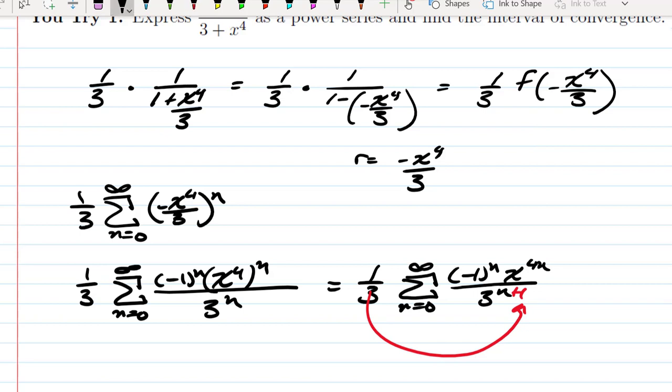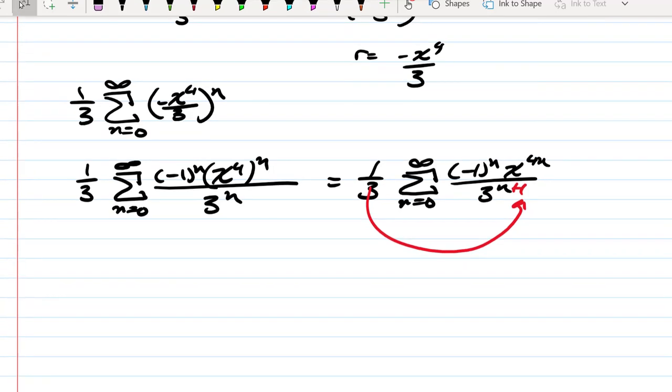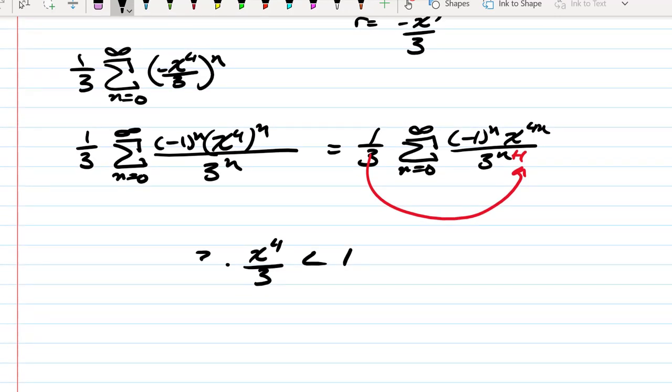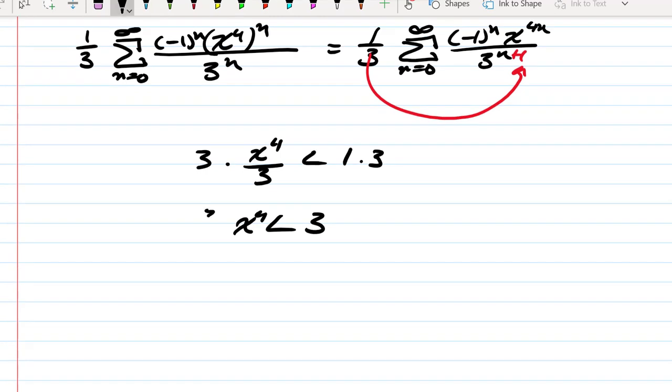So then we would have this as our series, and then we would need to have the absolute value of r less than 1. But since x to the 4th power is always positive, we know that it's going to be bigger than 0. So we would multiply both sides by 3, and we get x to the 4th would have to be less than 3. And then we would take the 4th root, not the cube root, of each side.